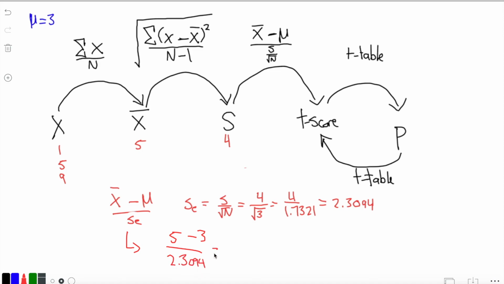So if we do some of that math, it's going to be 2 divided by 2.3094, which equals 0.8660. And this is our t-score, so we can put that up here. Now we can find our p-value by using our t-score in the t-table.